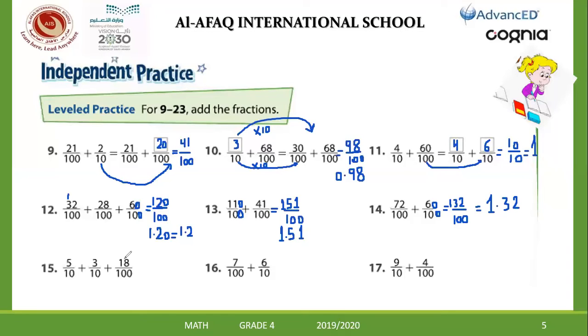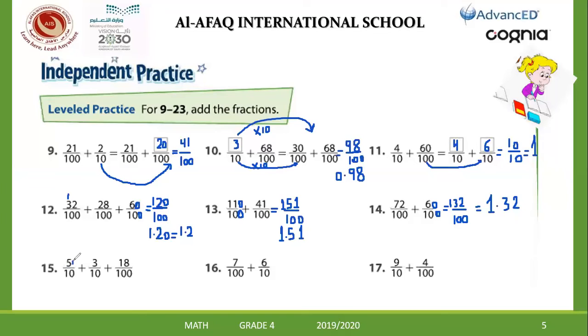But here, what about here if you want to think about it? It's changing this fraction with denominator of 100 to fraction with denominator of 10. Okay, we can get here 10 from 100 by dividing by 10. But what about 18? 18 here cannot be divided by 10. So here, easy for us to change the fractions with denominator of 10 to the fractions with denominator of 100.